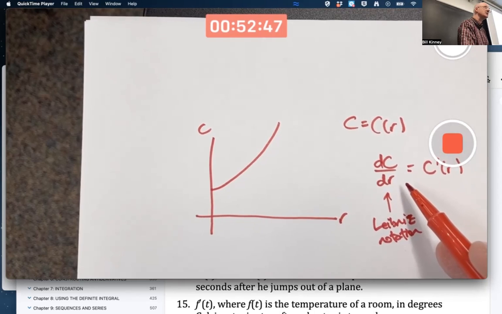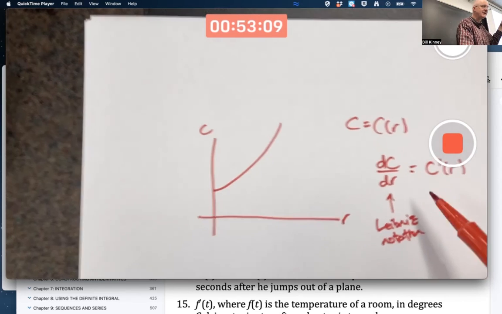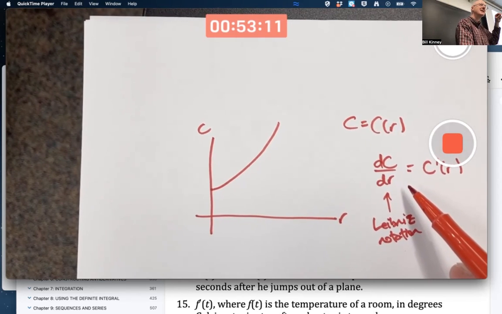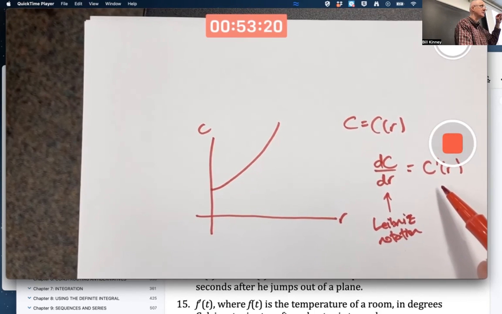Leibniz actually thought of it as a ratio, and many scientists and engineers think of it as a ratio. Technically, it's not. If you want to be precise about it, derivatives are not fractions, they are limits of fractions, right? Limits. But it often doesn't hurt to pretend it's a fraction. I'm not going to give this a more precise meaning than that right now. Just think of it as an alternative notation for the derivative in addition to the prime notation.